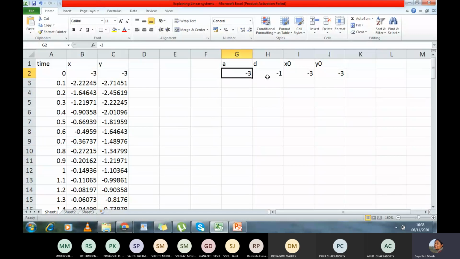We have already learned the term phase space before, right? The most important thing to understand is that time is not one of the axes in this plane.